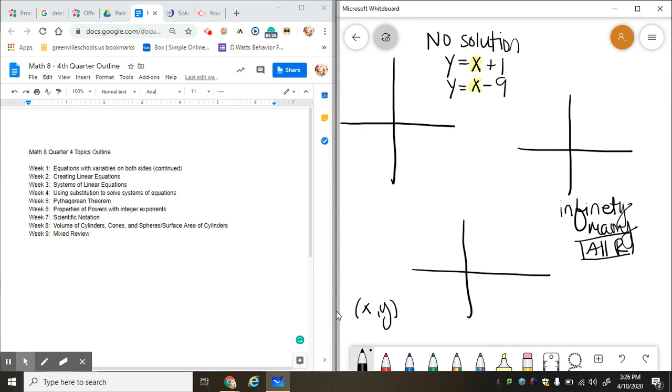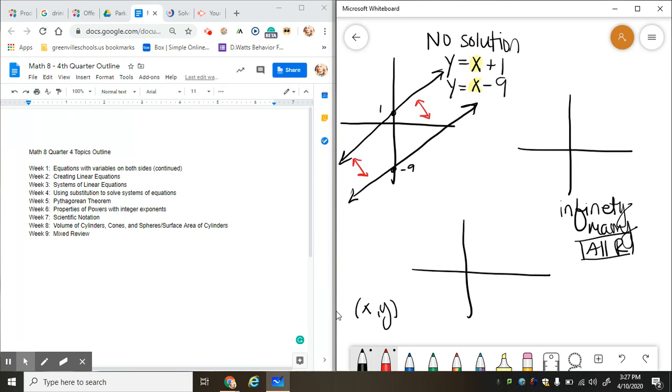So if I had to draw this one out, my slope is right here at 1, and it goes through there. So there's my first one, and this is negative 9, and it goes through there. Now these are not perfect lines, but notice they are parallel to each other.